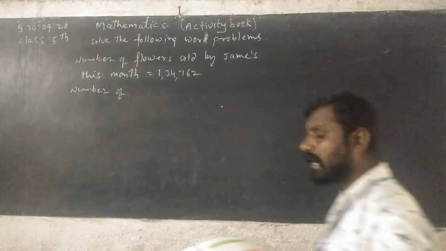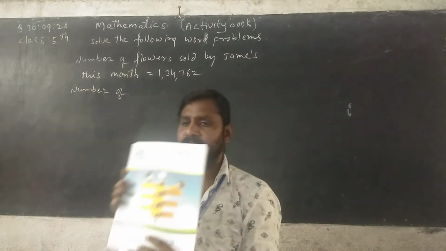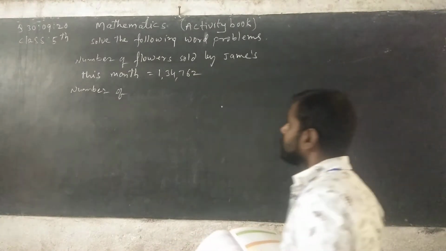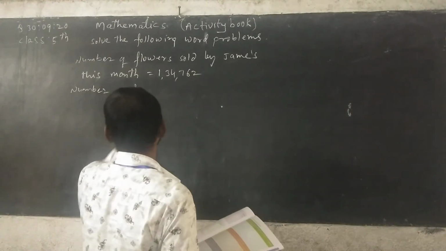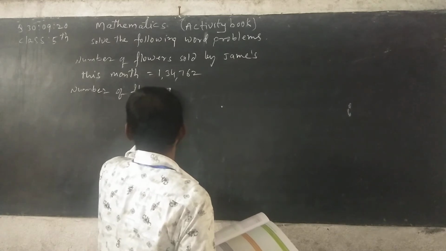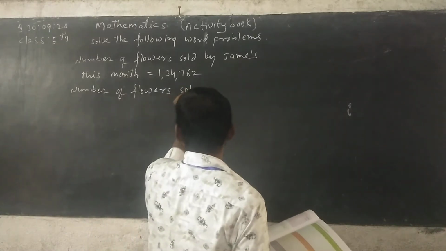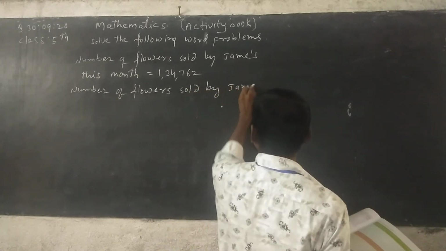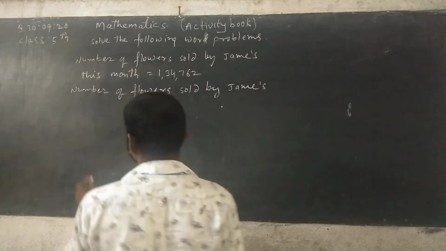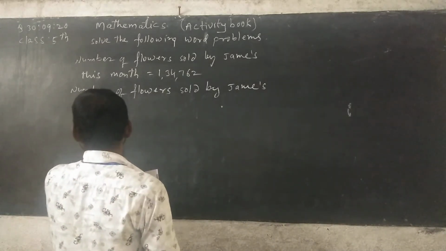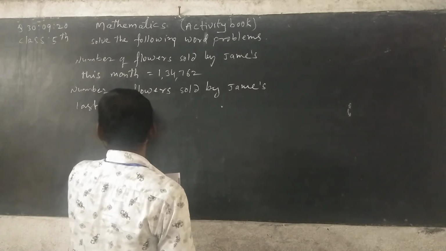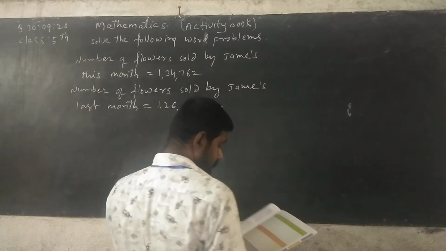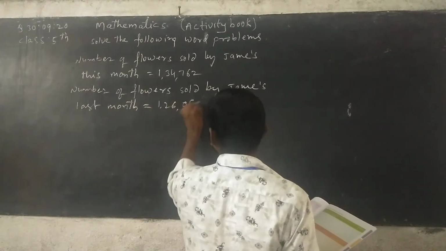See here, page number 19 from your activity book. Page number 19. What is the problem? Second one. The number of flowers sold by James last month is equal to 1,26,065 flowers.